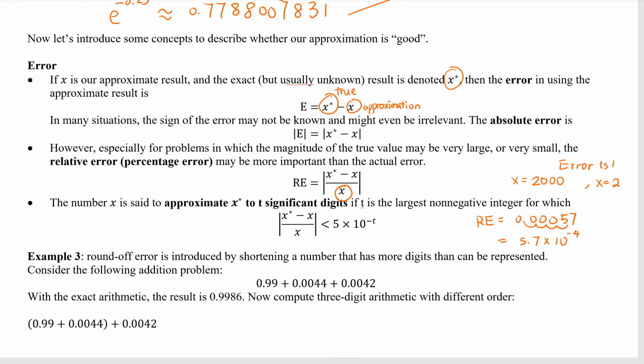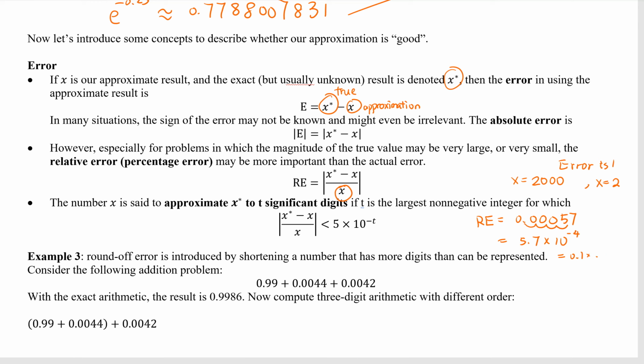However, you see 5.7 is not less than 5. Then what do we do? We need to think about it: let's multiply by 0.1 and multiply by 10 to the minus 3.